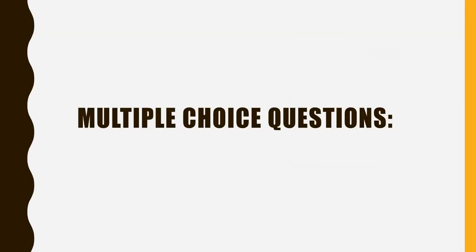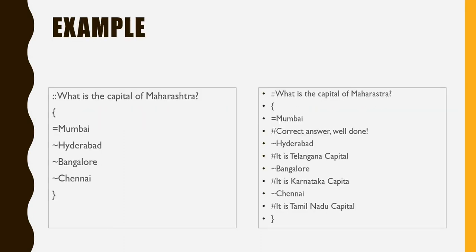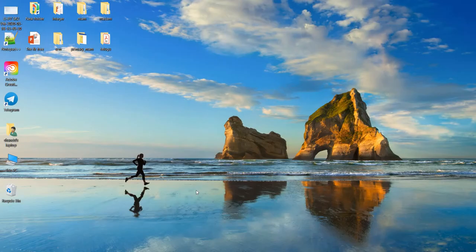The most important type of question is MCQs. Let us understand how to create MCQs using this template. Let me give you a live demonstration on a laptop. I'll create a new text document.